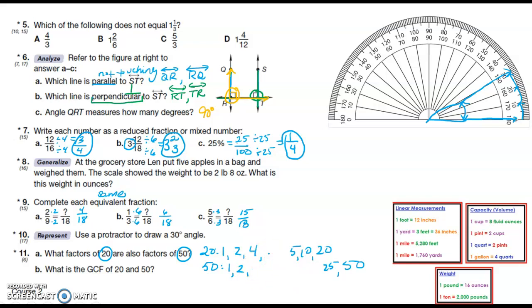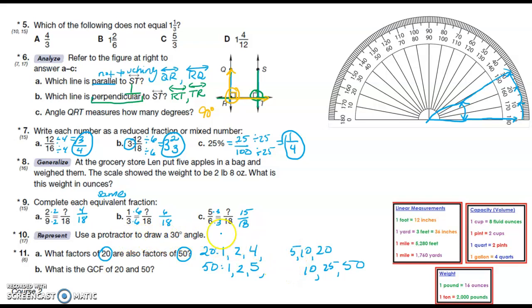Here, let's see, 50 divided by 4. Nope. 5 works, obviously. 5 and 10. 6, no. 7, no. 8, no. 9, no. So that's it.